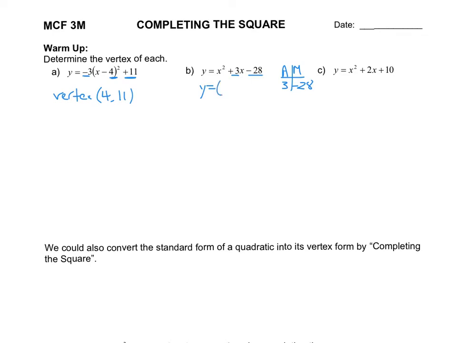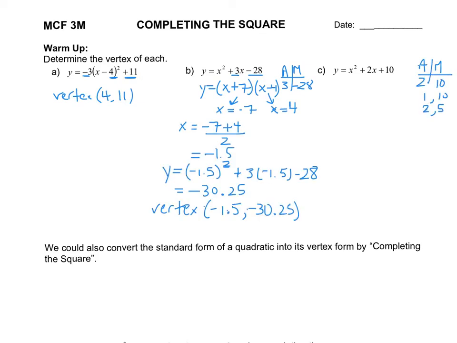Because this is a simple trinomial, that's just going to be an x plus 7 and an x take away 4. That tells us our two x-intercepts will be x equals negative 7 and x equals positive 4. So we're going to find the midpoint of those and then sub that into the equation to solve for the y.